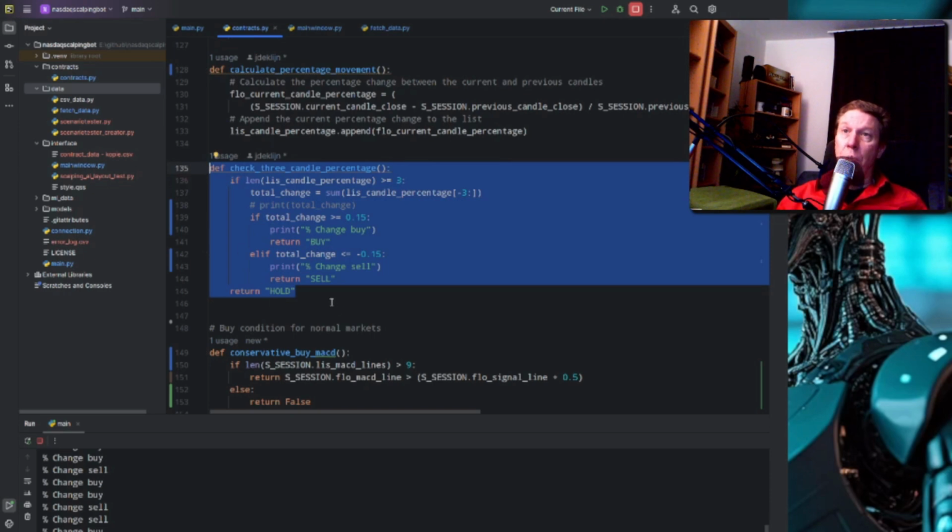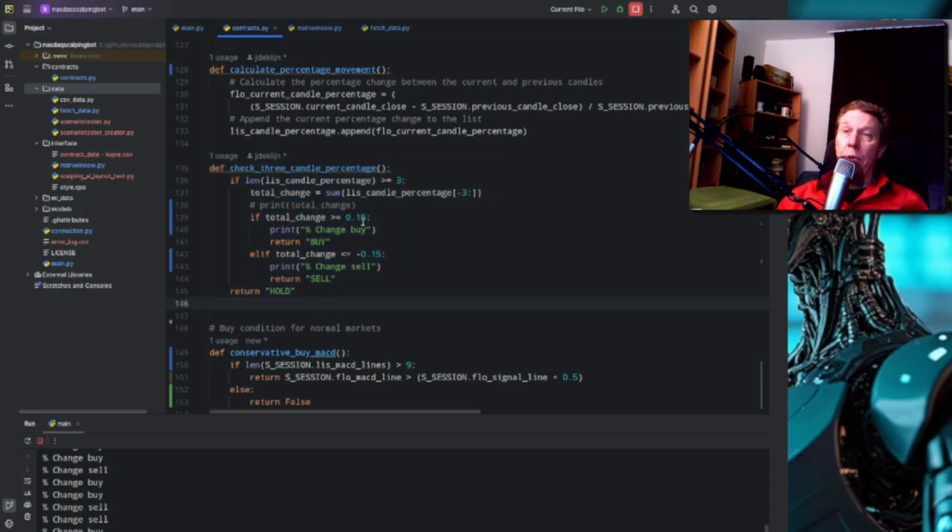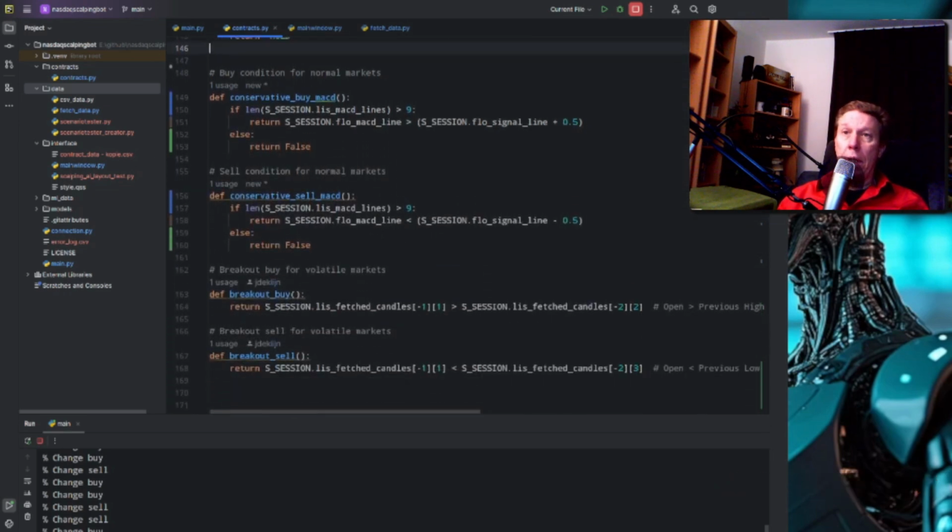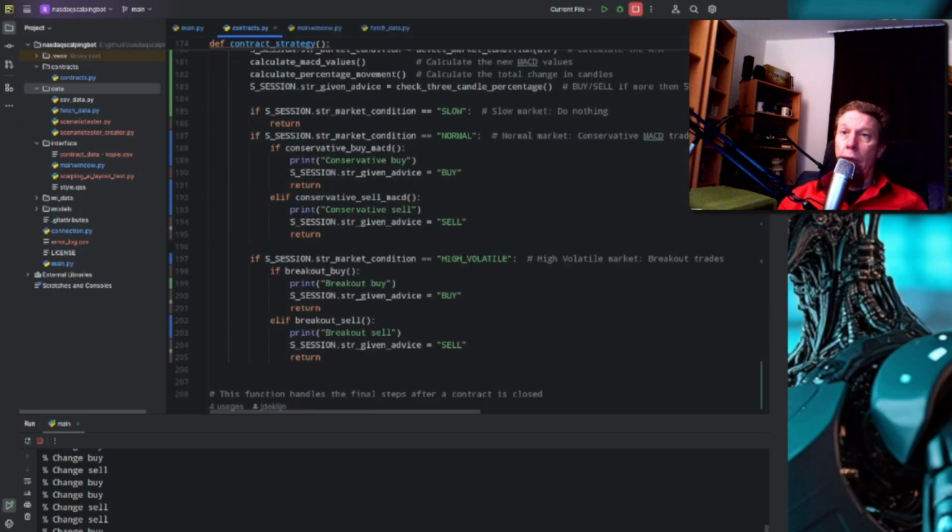I changed this one too to 15%. As in, I want there to be only a buy or sell when 3 candles together have a change of 15.